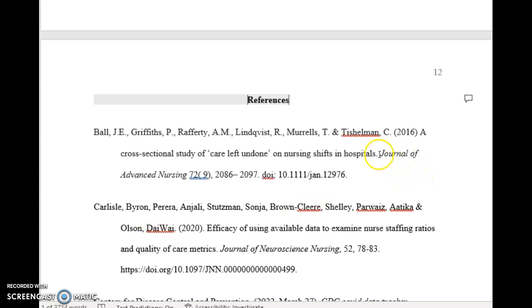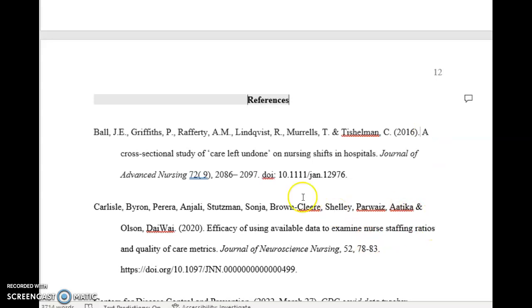Please note that the journal name is italicized as well as the volume number, that you will capitalize all primary words in the journal name. It is the article title where you will only capitalize the first word. Okay? And there should be a period right here.